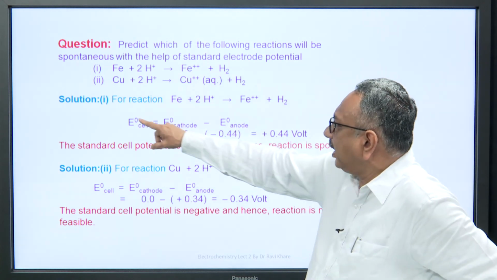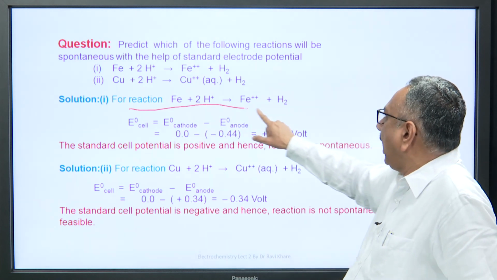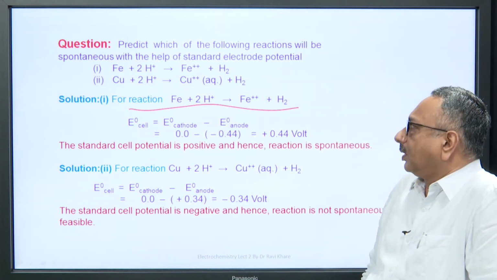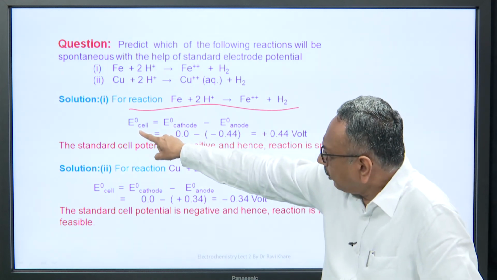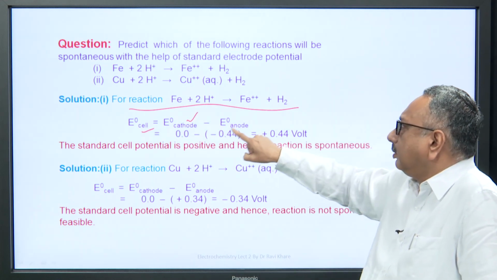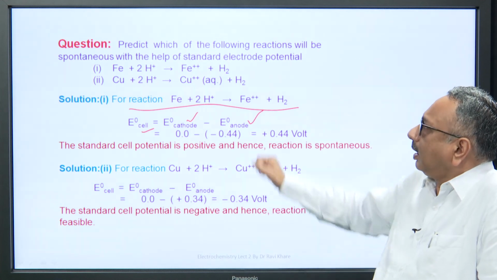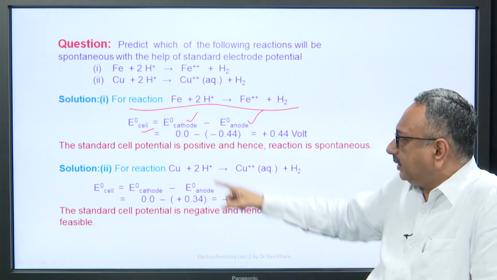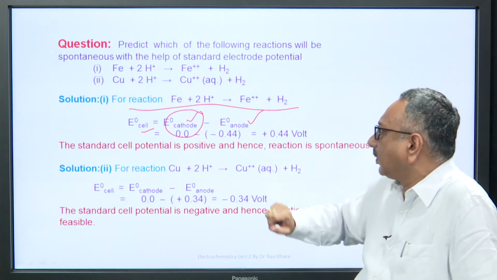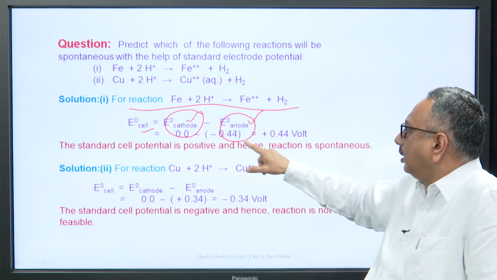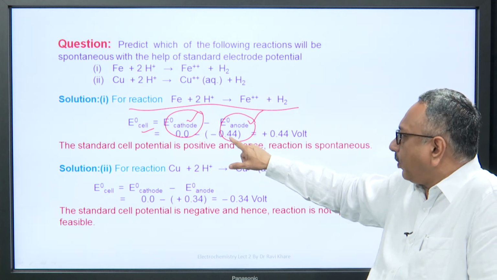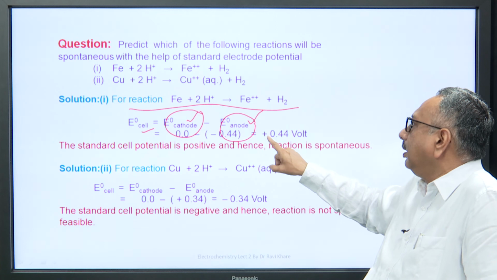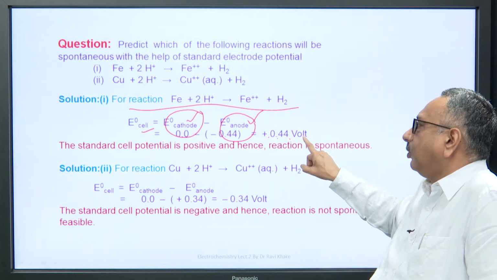Now, consider the first reaction, Fe plus 2H+ gives Fe++ plus H2. E0 is equal to E cathode minus E anode. Here we have taken the standard hydrogen electrode, therefore E cathode is 0 and this value is given as minus 0.44. When you use this formula, you determine plus 0.44 volt.